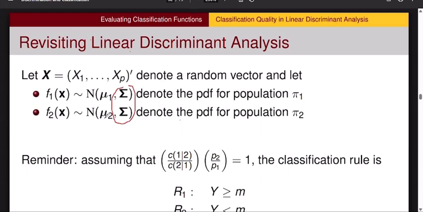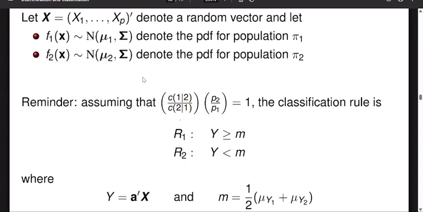I told you the other time, we could have a situation where the cost of misclassification is the same for the two groups, and of course the prior probabilities are the same. Then you're going to be comparing the ratio of the densities of the two with one.